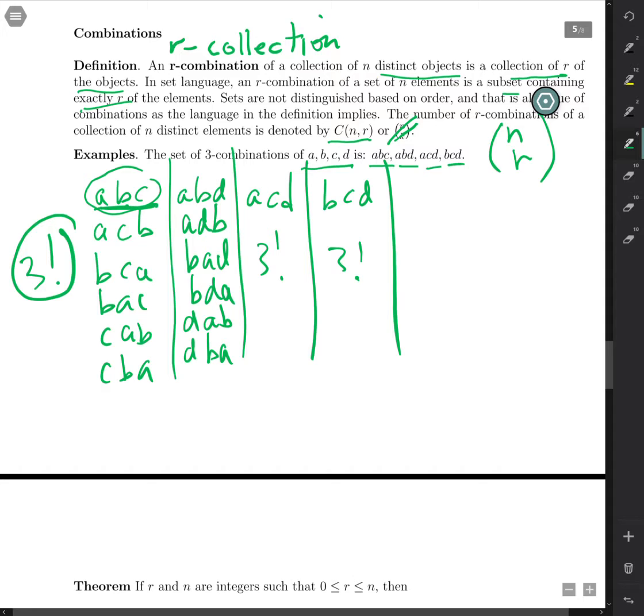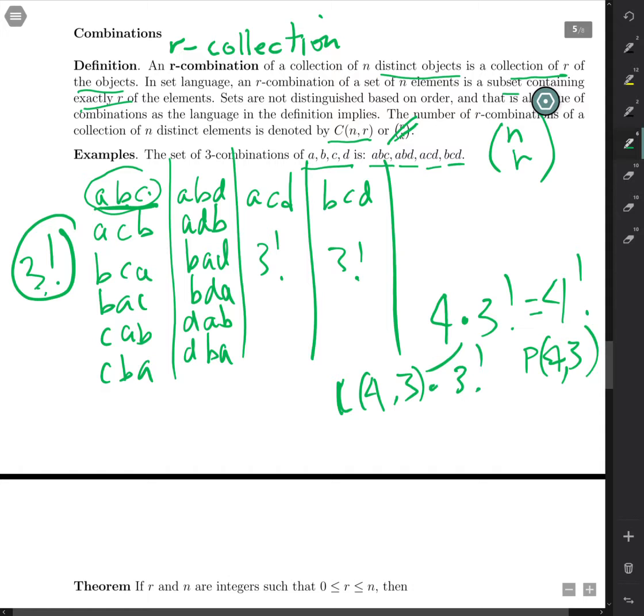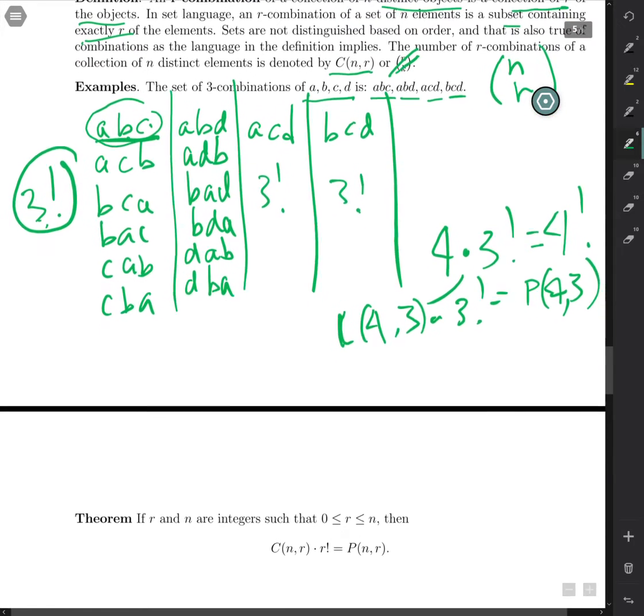Each combination permuted 3 factorial times would give us 4 times 3 factorial, which gives us all the permutations. 4 times 3 factorial is equal to 4 factorial, and this is P(4,3), and this is C(4,3) times 3 factorial. That works generally.